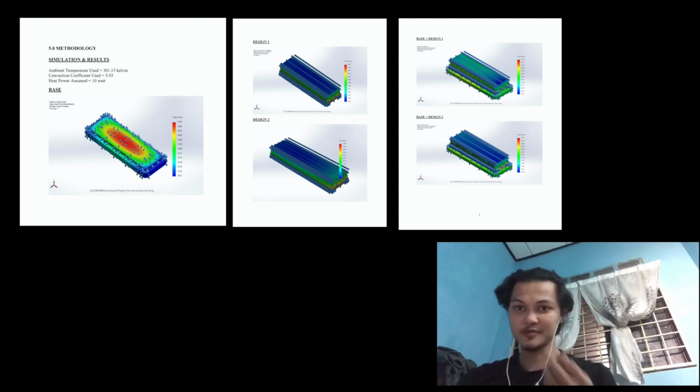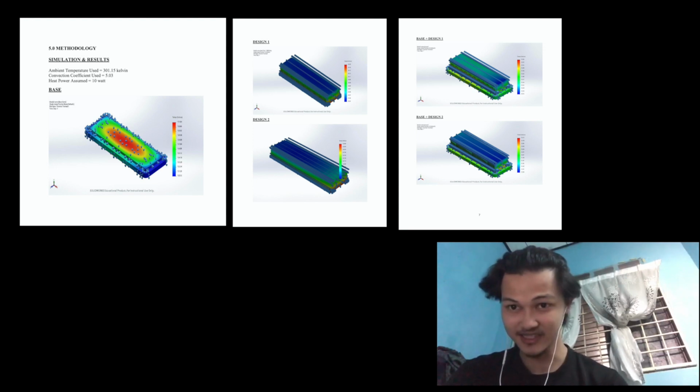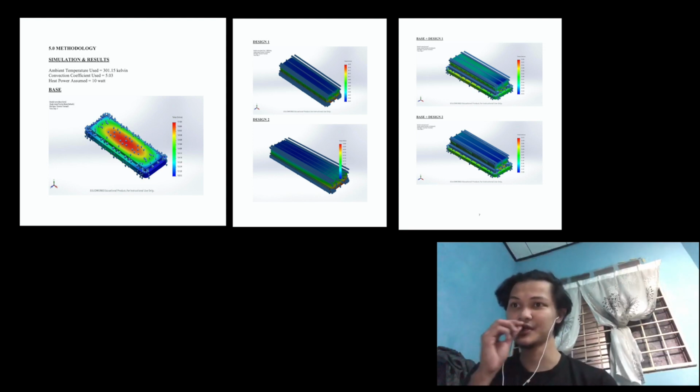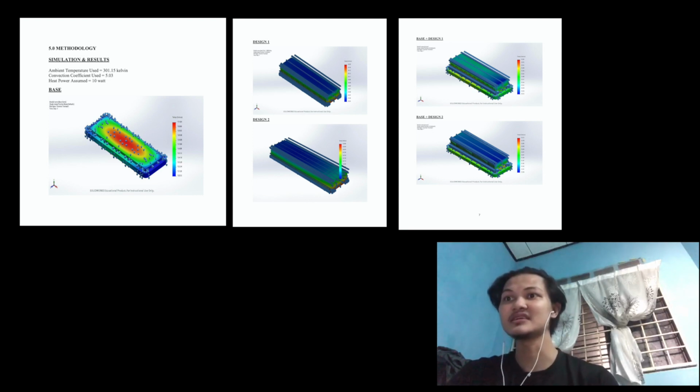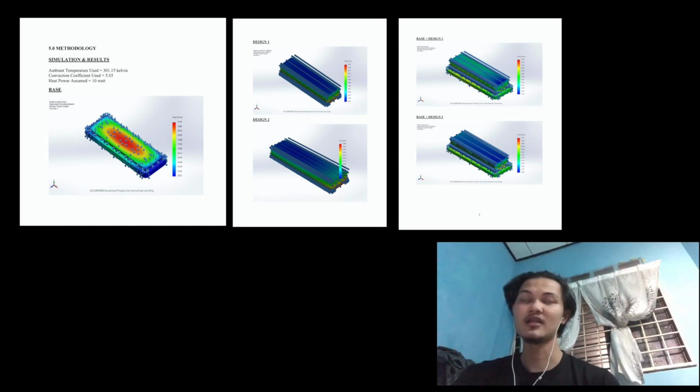Okay, for the properties of the design, for the base we use cast stainless steel, and for the fin we use aluminium alloy.